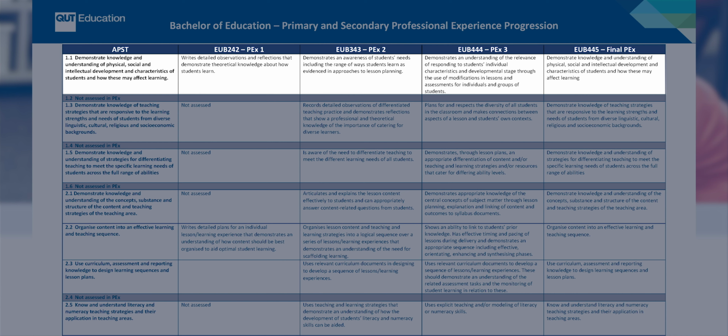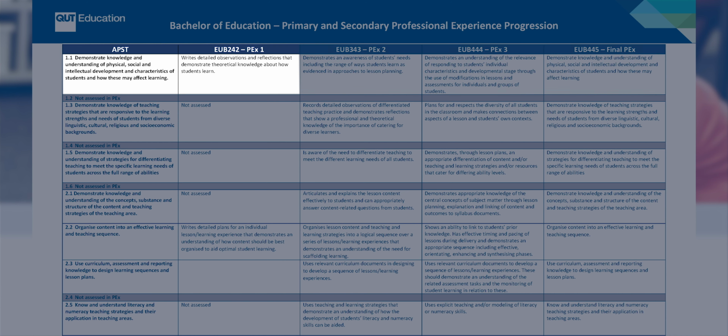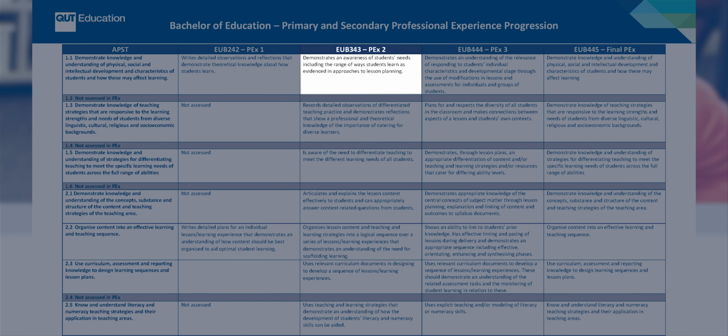So for example, on their first professional experience placement, the APST demonstrating knowledge and understanding of the intellectual development and characteristics of students would look like just noting down some detailed observations and reflections. On their second professional experience placement, they move to an awareness of students' needs and show evidence of that in their lesson planning.